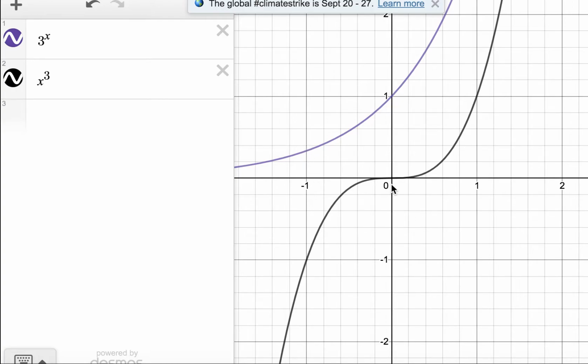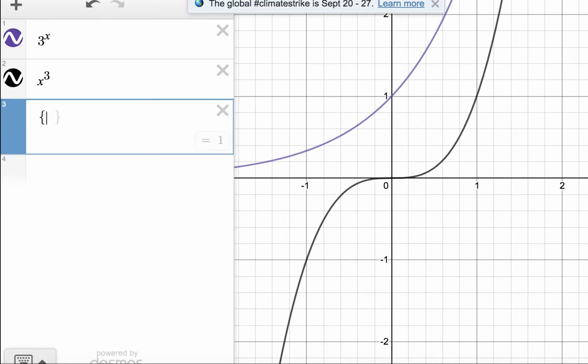So for one time going over, we only cover about half as much height, or 3.5 height. Over here, for going over 1, we rise 1 as well, and so that means that this black function has a steeper slope than the purple one. So for this one, we would say x to the third is steeper than 3 to the x on the interval.